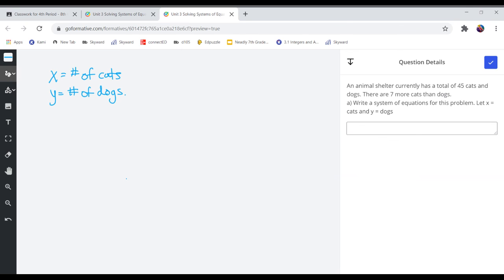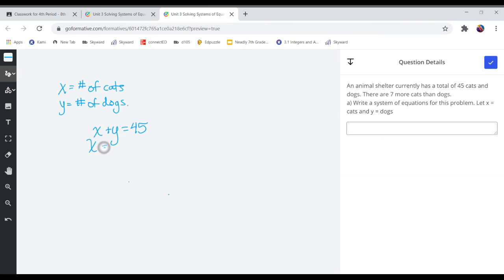We don't know how much we have of each, so we show the total, which is an addition problem. So x plus y equals 45. There's my first equation. My second equation, there are 7 more cats than dogs, so your number of cats equals your number of dogs plus 7. That is your system of equations.